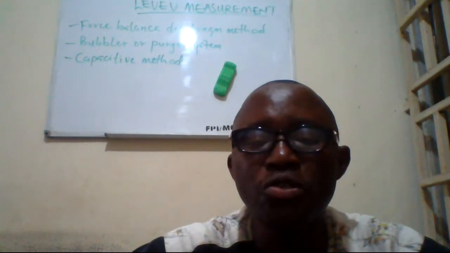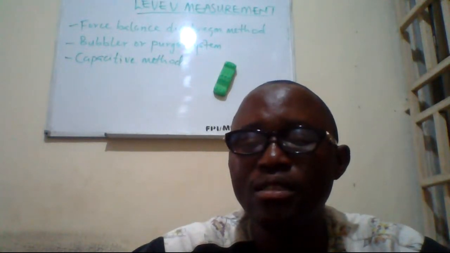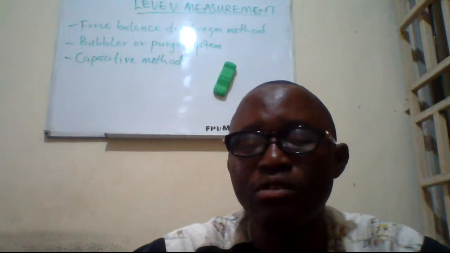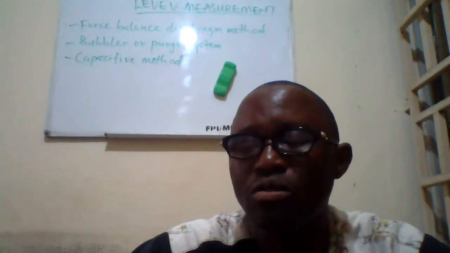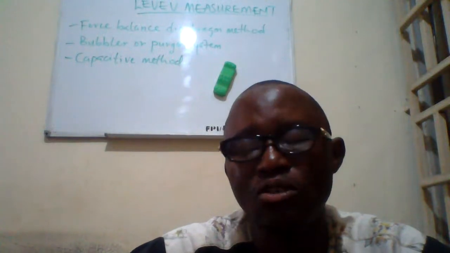Now, the sensor used for the measurement is a differential pressure cell, and it uses a special corrosion-resistant material for the diaphragm. Now, this method of liquid level measurement gives very accurate results. So it's a system that gives high accuracy and a greater resolution because it's using pressure to determine the height of the liquid.